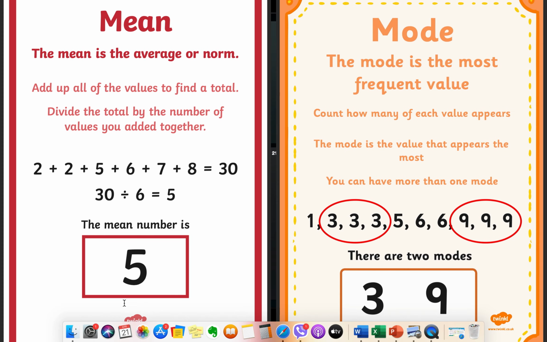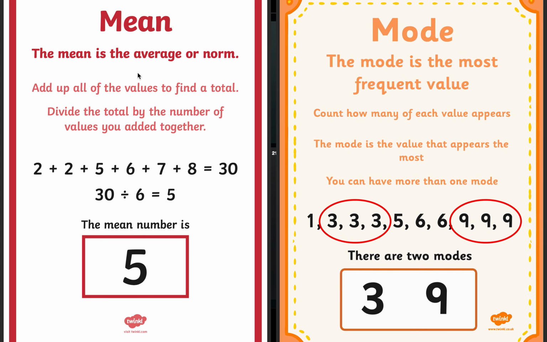Right. So besides mean, which is the average or norm of a set of numbers, where we add them all together and divide by the number of the numbers we added, and we get a specific number, and that's the mean, we also have a mode. So a mode is the most frequent value.